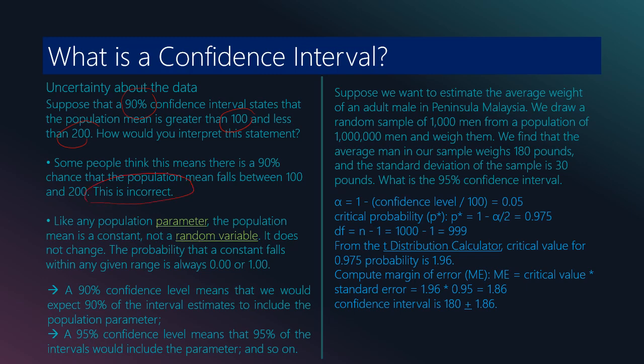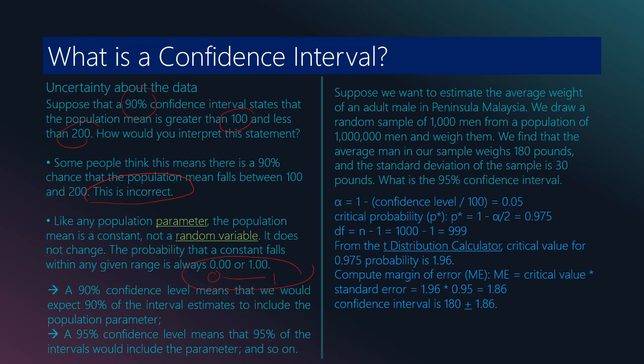Like any population parameter, the population mean is a constant, not a random variable, so it does not change. The probability that a constant falls within any given range is always 0.00 or 1.00. So the probability is between 0 to 1.